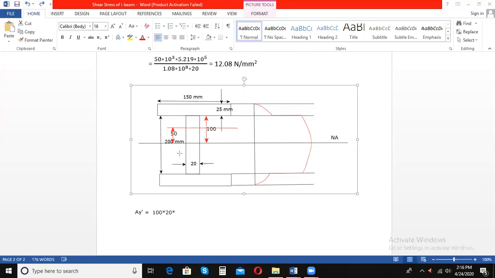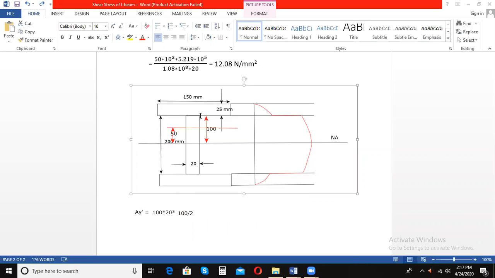So this much is 50 mm. This is the distance between the centroid of this web and the neutral axis. This is 50 mm, and this is the y bar of this web section. So we have to multiply 100 by 2. Okay, so we are done with the web part.